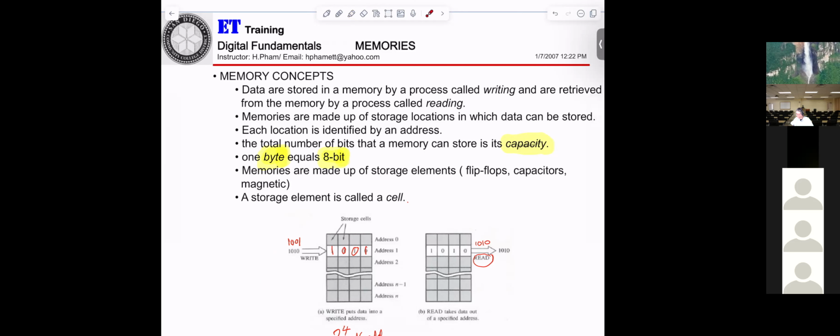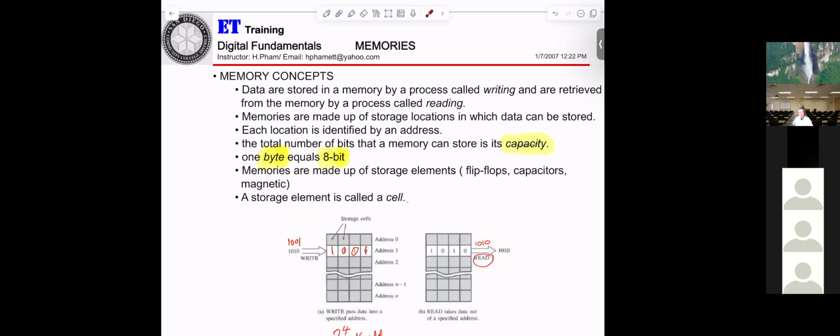Memory is made up of storage elements. Either they're using flip-flops or capacitors or magnetic, okay? You already know the flip-flop. Flip-flop means a device that has only one output.